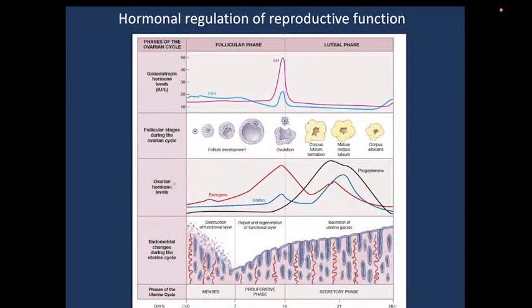And interesting, all of these phases are here. It is about 7-10 days for the proliferative phase, and about 14 days for the secretory phase, where, as you see, ovulation is between the proliferative phase and the secretory phase.